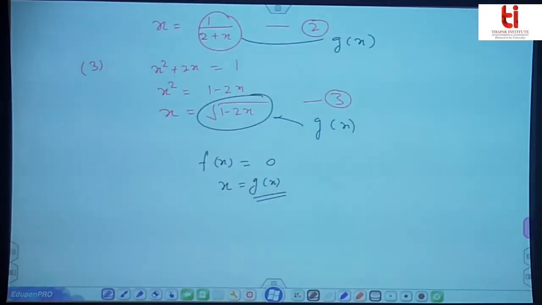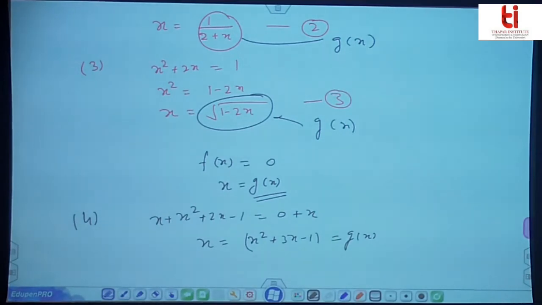Except this, you can also write x² - 2x + 2x - 1 = 0. This is the fourth way. Just add one x here. So x = x² + 3x - 1. This is also your g(x). So there are a lot of ways to express f(x) = 0 in terms of x = g(x).